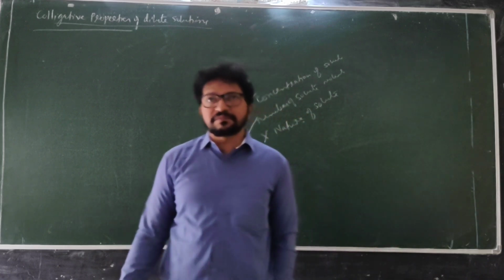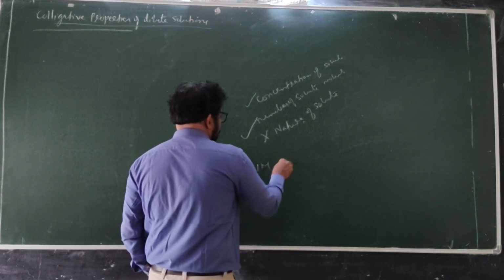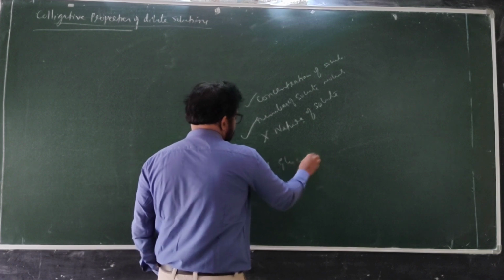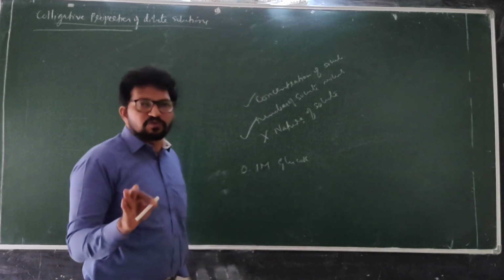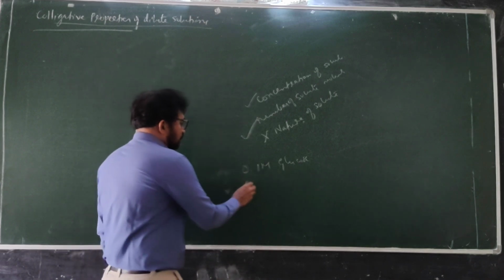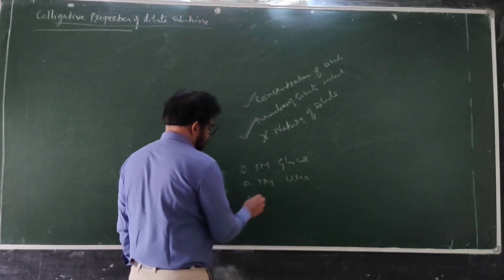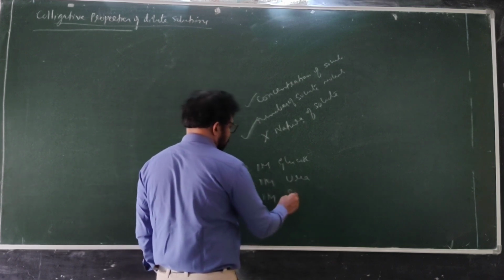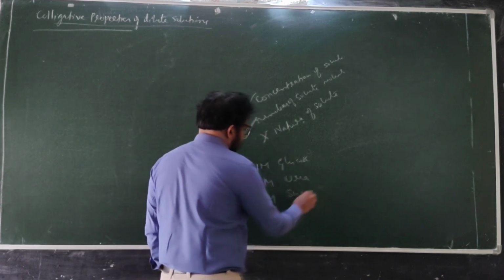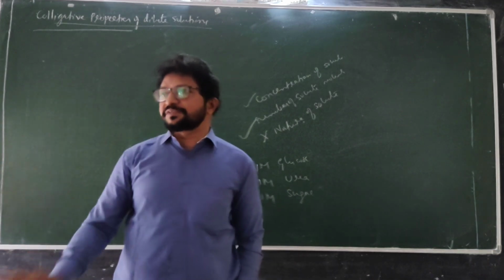For example, 0.1 m glucose, 0.1 mole glucose in 1 liter solution, correct now? 0.1 m urea, 0.1 m sugar, cane sugar. See, in all these three, their nature is different.